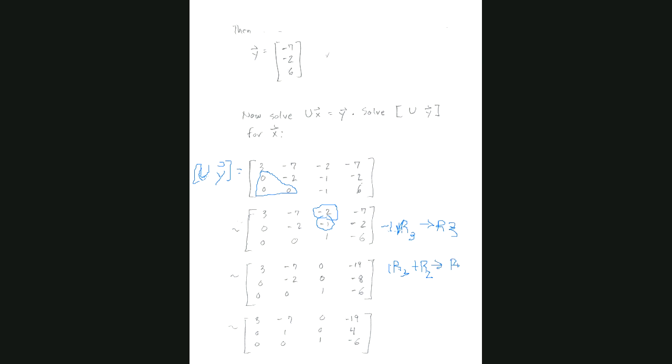And then I'm going to take 2 times row 3 plus row 1, and replace row 1 with that result.